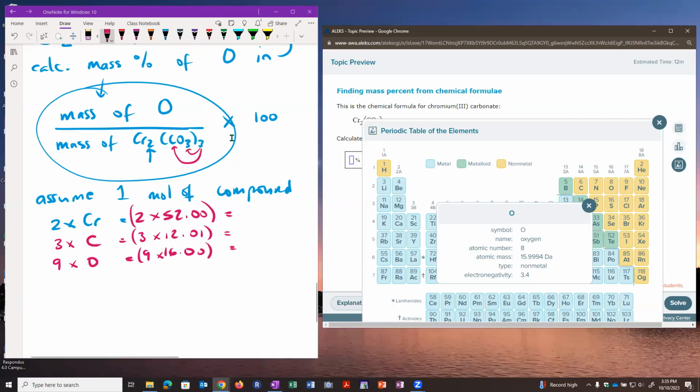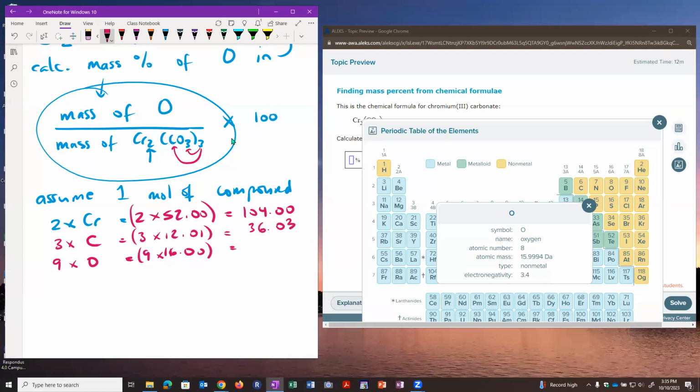All right, so then we'll just stick that in our calculator, and we can determine the overall molar mass. If we have 2 times 52, that's going to be 104 grams. We have 3 times 12.01, which is 36.03.